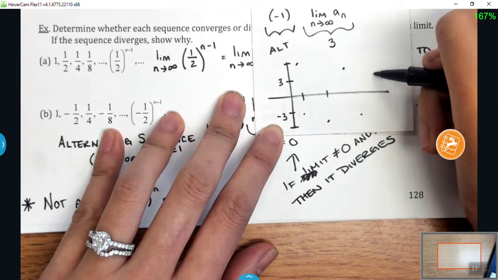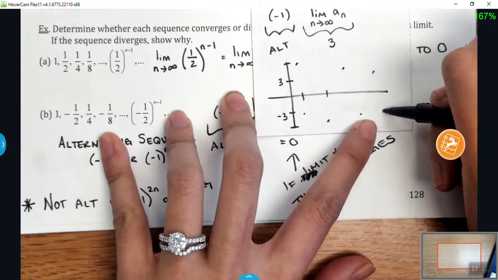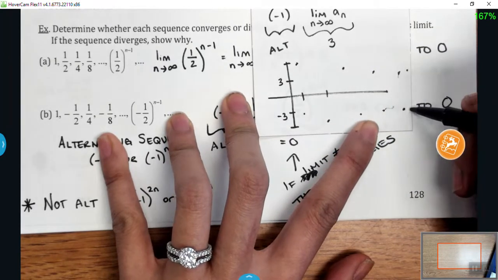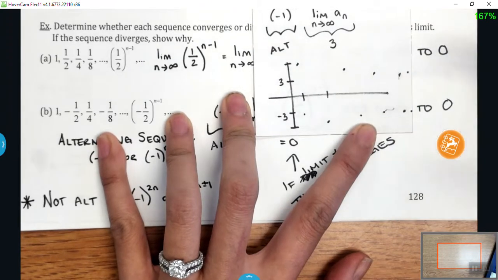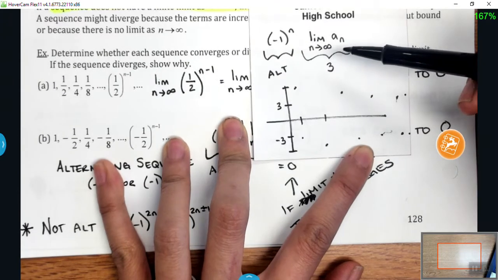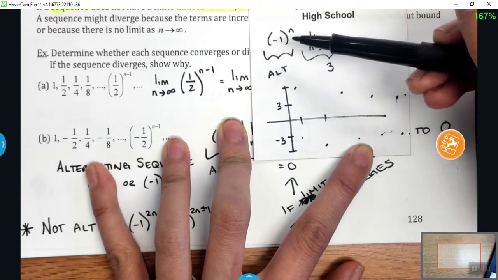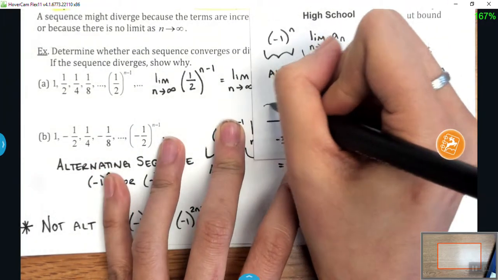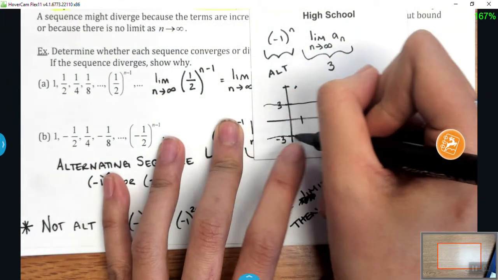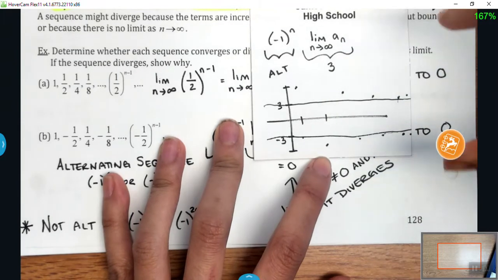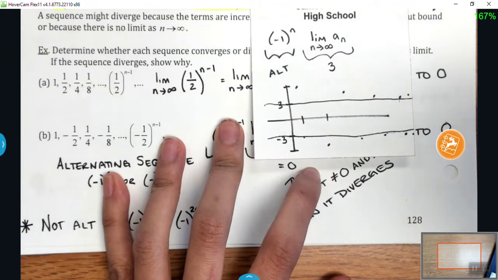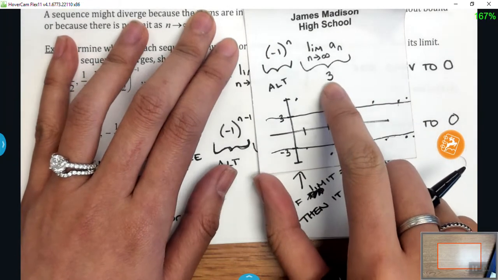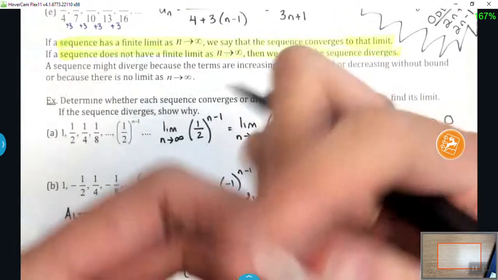But towards infinity, it's just going to switch from positive 3 to negative 3, positive 3 to negative 3, because this limit's going to 3 and it's still alternating. So it's going to go 3, negative 3, 3, negative 3. But you'll always have this chunk missing right here where it won't actually approach anything. So that one's going to diverge, because the limit doesn't equal 0.